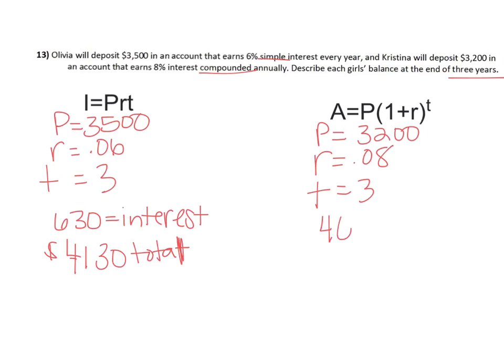You don't have to add. So she has $4,031.08 as her total. So to describe the difference, you could say that Olivia ends up with more money. You could tell the difference by subtracting them. A couple different ways you could describe their accounts.